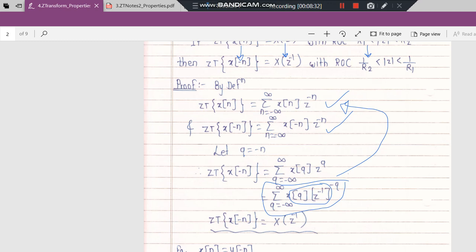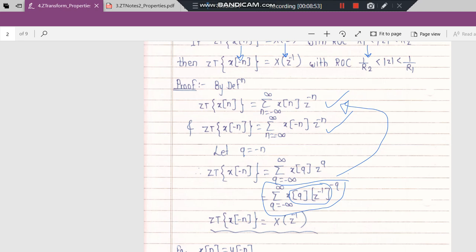So what is z here? Instead of z, we have here z raised to minus 1. So I will write the Z transform of this as X of z raised to minus 1. Here, instead of x of n, we have x of q. Instead of minus n, we have minus q.